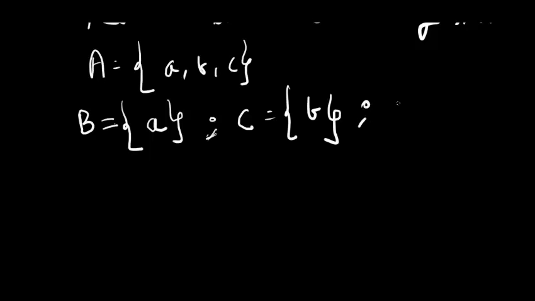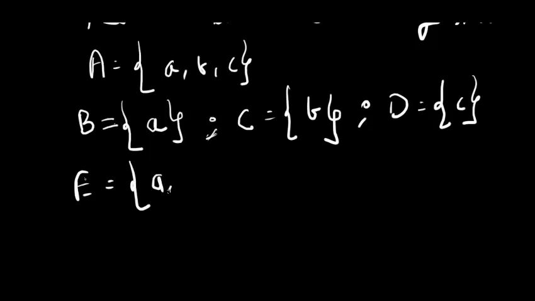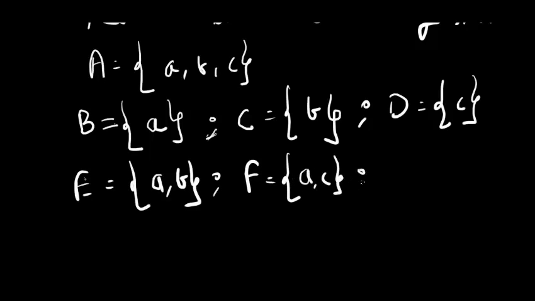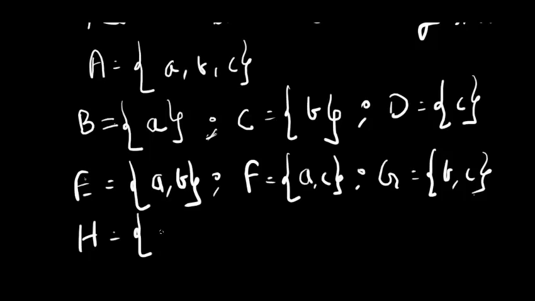Then I have A comma B, A comma C, B comma C, and another set which is A comma B comma C, and then I have the null set.